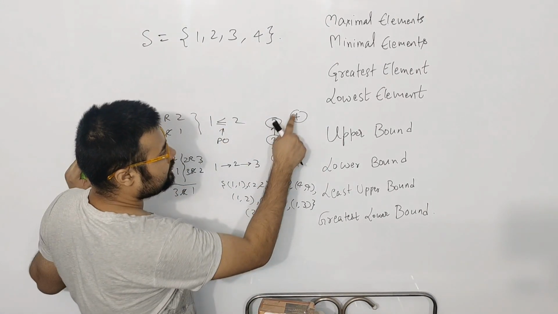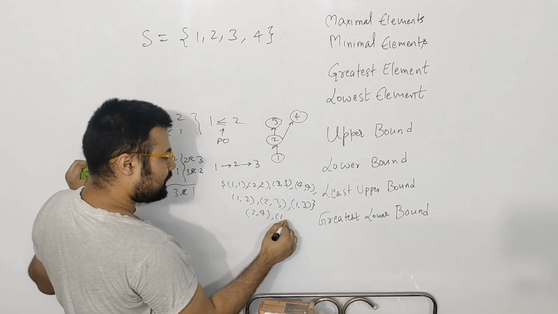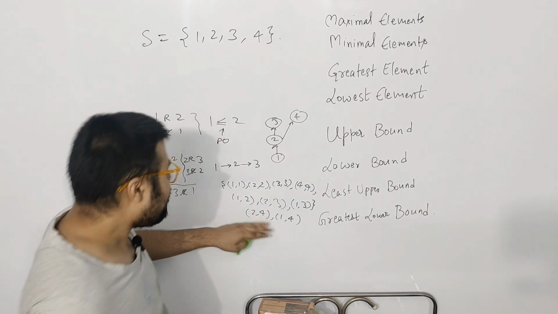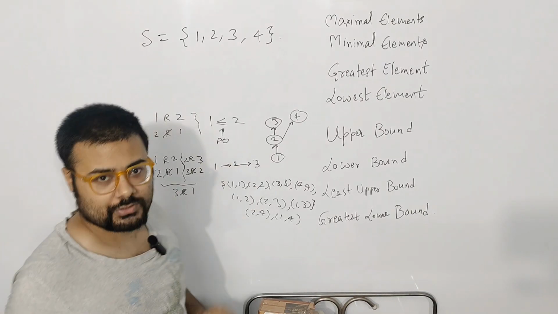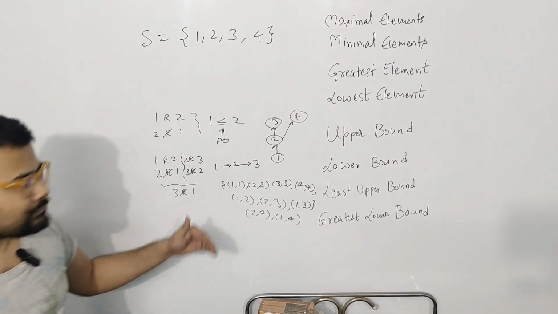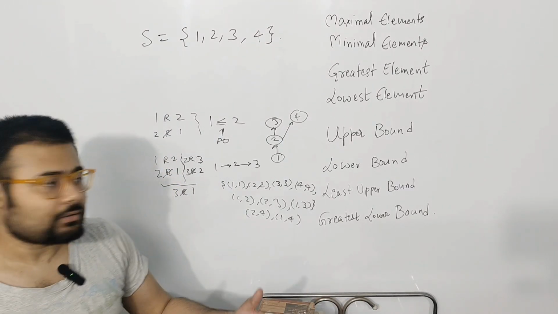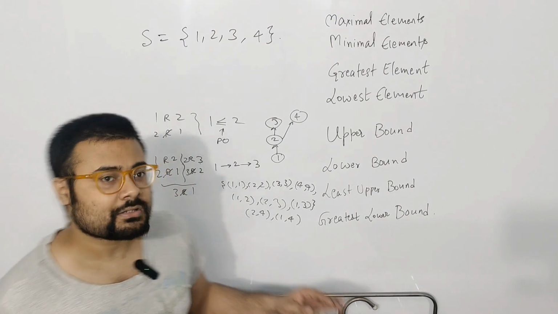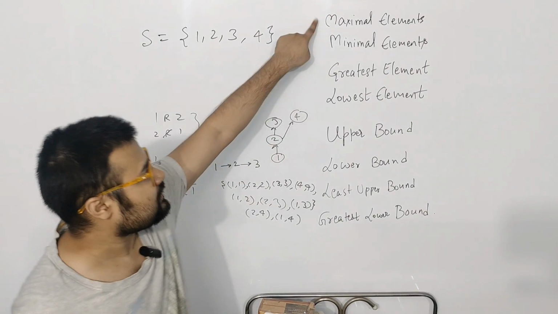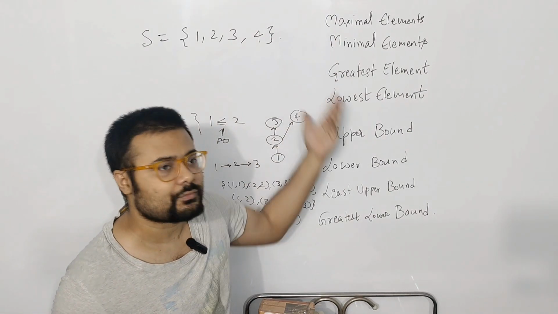The moment 2 becomes related to 4, you can see that from 1 you have an upward path, so (1, 4) automatically has to be here for this relation to remain a partial order. So anyways, because of this property that there is an order in the elements, because of this property only, you observe that these things will happen.